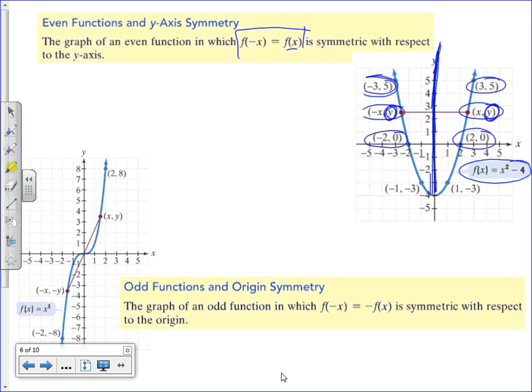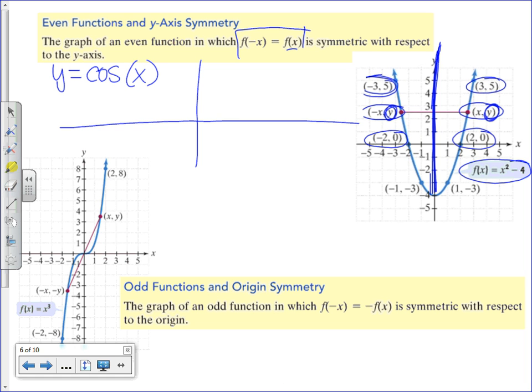So the function for cosine, the graph looks like this. And of course, it extends. So would you guys say that is odd or even?